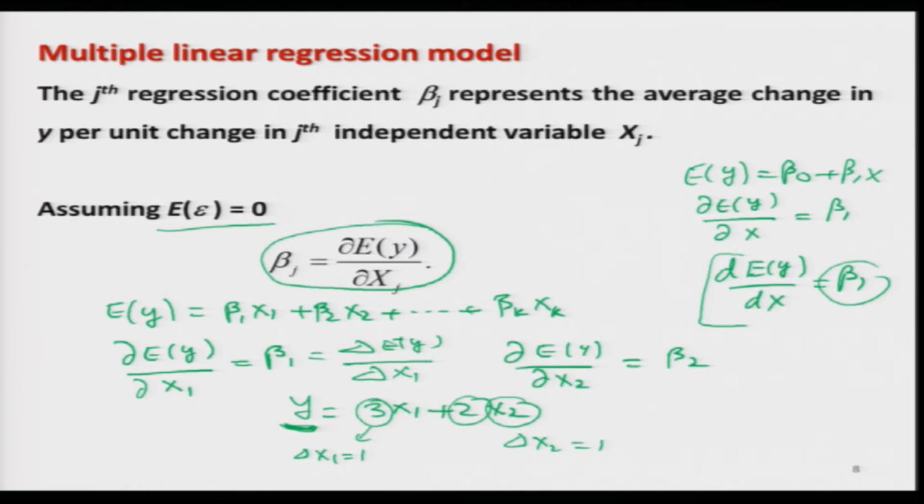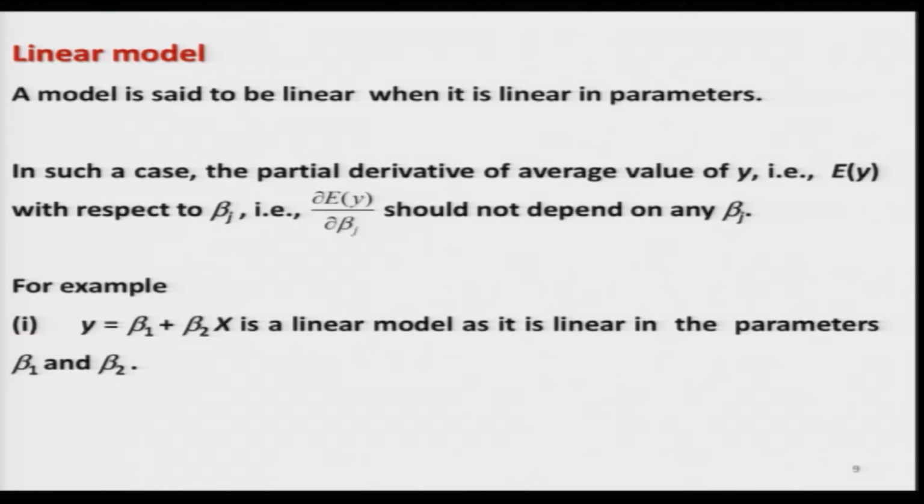So this is how we interpret the value of the regression coefficient, and the same interpretation goes when you estimate the value of betas on the basis of a given sample of data, right.